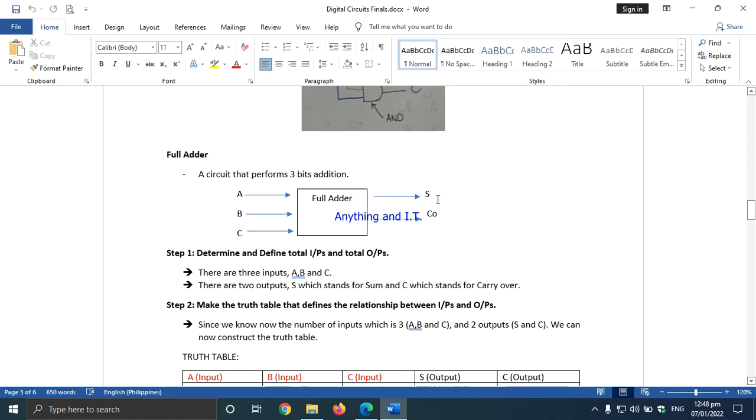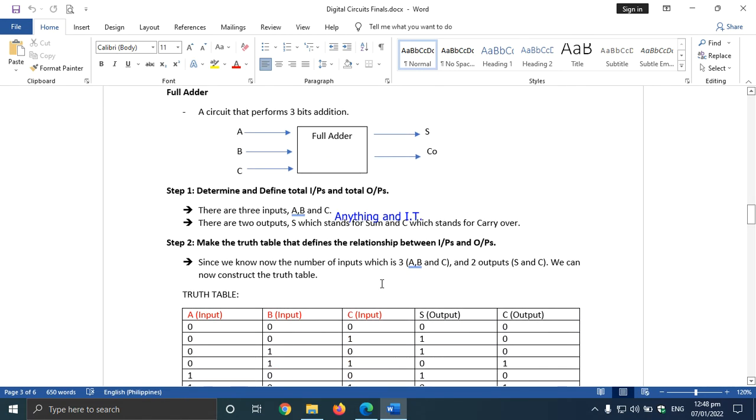So, what we'll do is repeat the steps from step 1 to step 4. So, let's proceed. For step 1, we are going to determine and define the total number of inputs and outputs. So, like I said earlier, in the half adder, we only have 2 inputs.